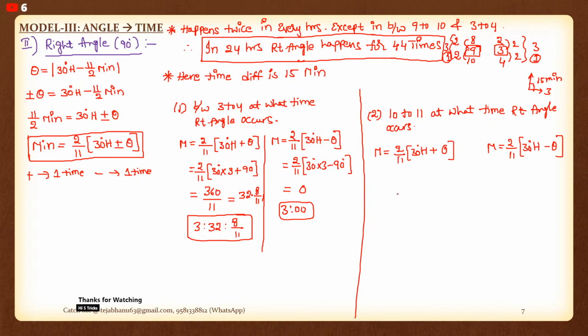Now, 2 by 11 into 30 degrees into 10 plus 90. 30 into 10 is 300, plus 90, it is 390.